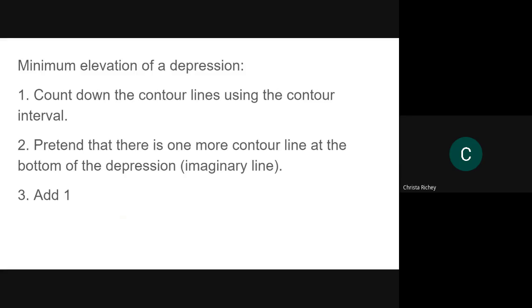If you added 1 to that, let's say that was the extra bit, then it would be -19, which would be the minimum elevation inside that depression. Now, if you're already above sea level, you don't have to worry about doing the negative stuff. Just understand that in a depression, you're going down in elevation, you're not going up in elevation.